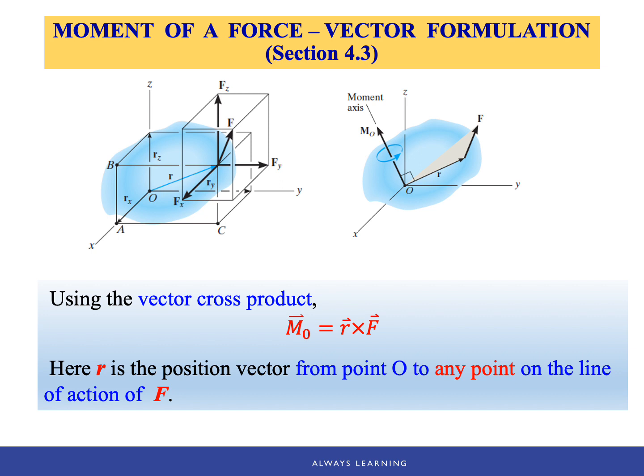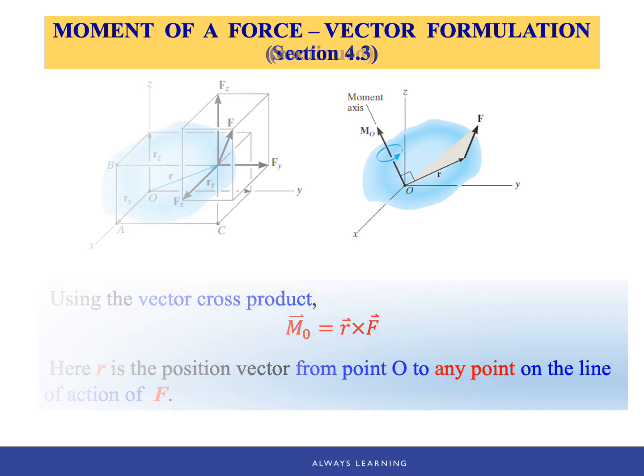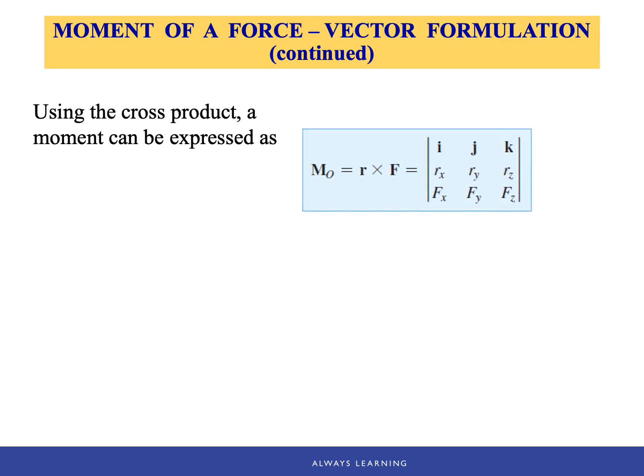The tail of this position vector is the point O, and the head of this vector r is on the line of action of force F. Keep in mind that for cross product, r cross F is not equal to F cross r. So remember, to calculate the moment of force about the point O, it's r, position vector, cross force F.